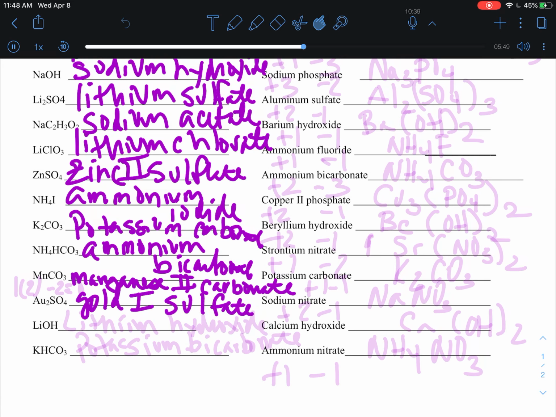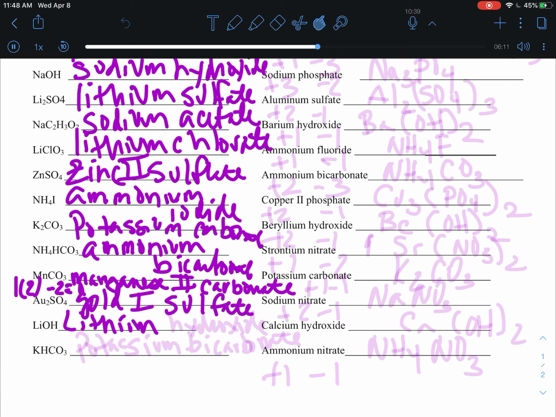The way I figure out that it's Roman numeral 1 is that I know sulfate is -2, right? So if I have 2 golds, that means each has to be +1 for these to equal 0. So if I think of it as 1 times 2, that's reversing the crisscross, right?